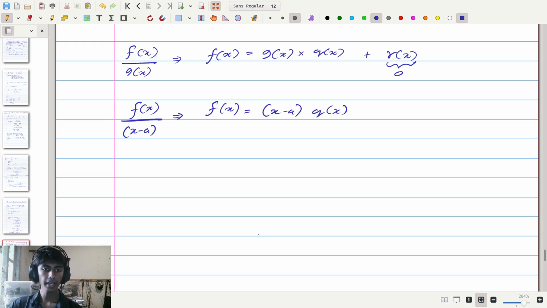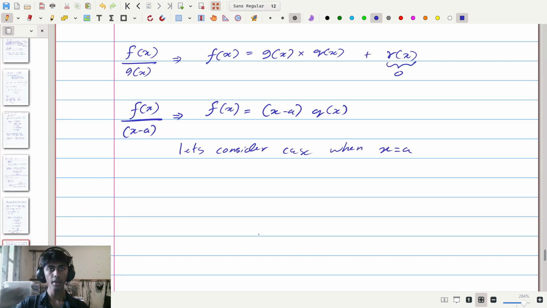So again let's consider the case when x is equal to a. When x is equal to a, in this particular case, we have on the left side f(a), because x is equal to a. On the right side we have in the brackets a minus a times q(a).